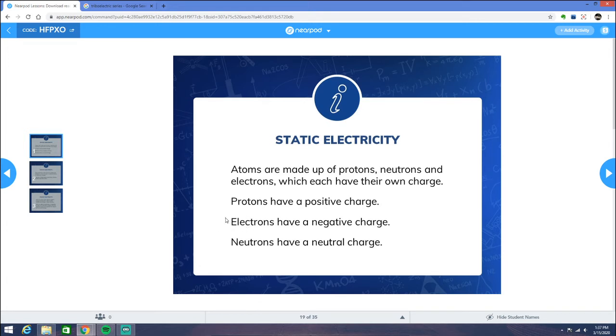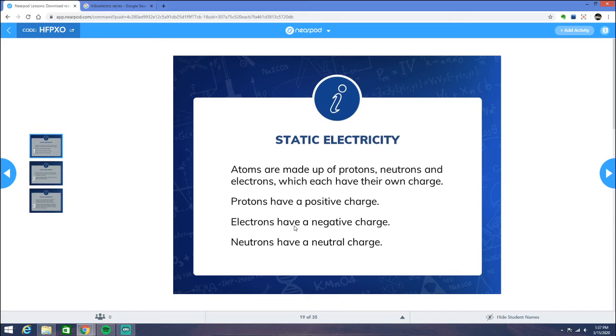Electrons have a negative charge, and neutrons have a neutral charge. Protons are positive, electrons are negative. The biggest thing when talking about electricity, guys, is electrons. If you've taken chemistry, you should know this, but electrons are the only thing that moves in an atom.